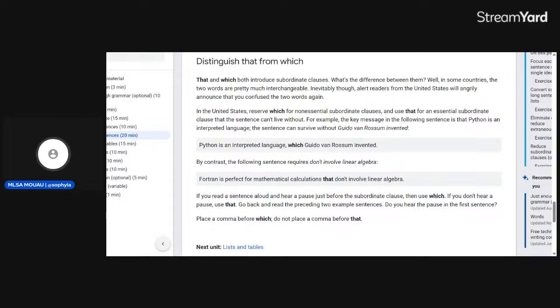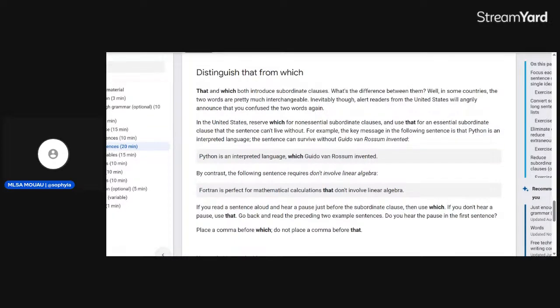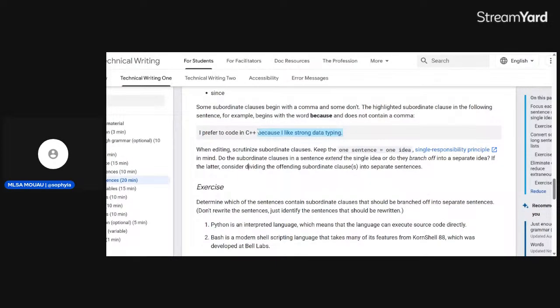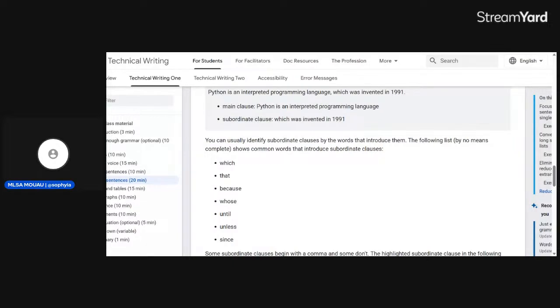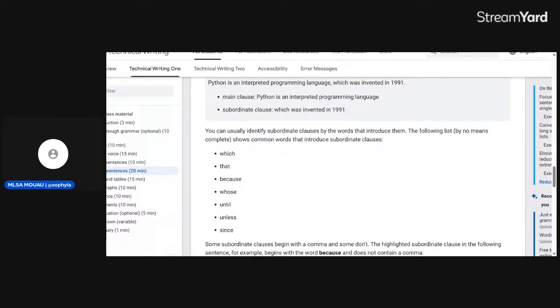They both introduce subordinate clauses, like we saw here. Python is an interpreted programming language which was invented in 1999.